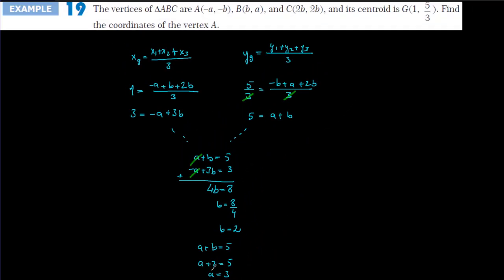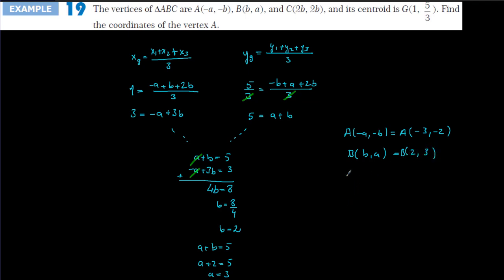Okay, we found a and b, but we couldn't find the coordinates yet. So since A is equal to minus a and minus b, this means that A is equal to minus 3 and minus 2. And B is equal to b and a, which means that B is 2 and 3.